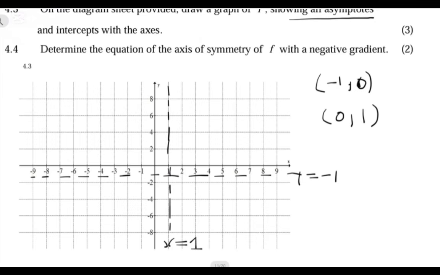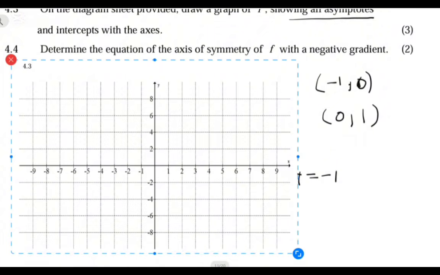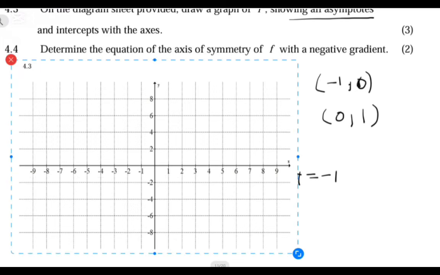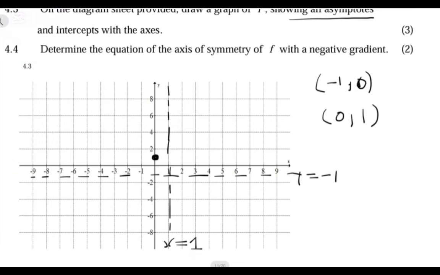So 1 is going to be somewhere here, and then -1 of x is going to be somewhere here, you know. So this graph can go something like this and this, and then the other one can go on this side. And with that, we are done sketching our graph.